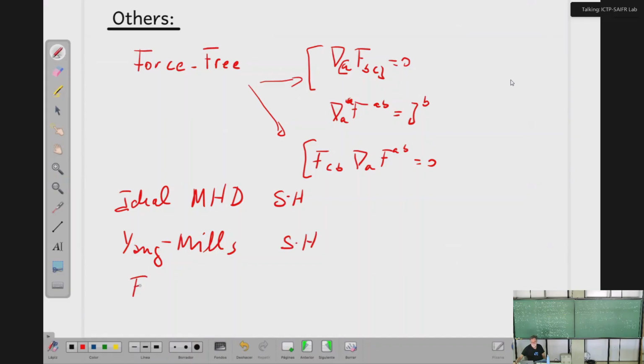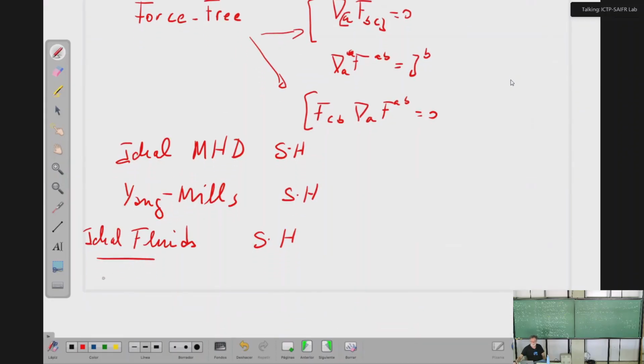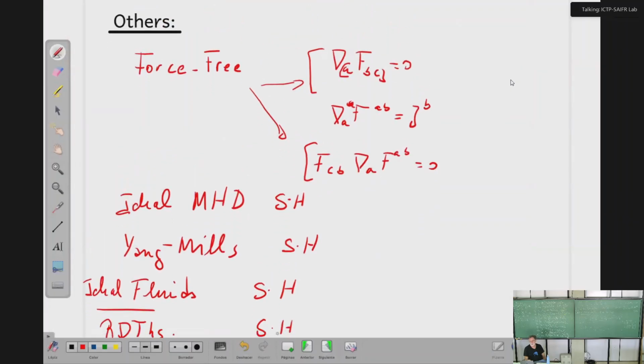Fluids: Euler's equations are symmetric hyperbolic, that is, ideal fluids. There are many dissipative theories which are relativistic, which are symmetric hyperbolic. So there is a big zoo you can solve.